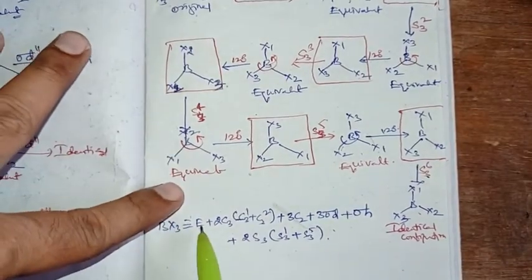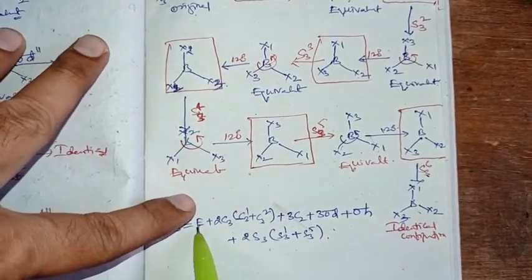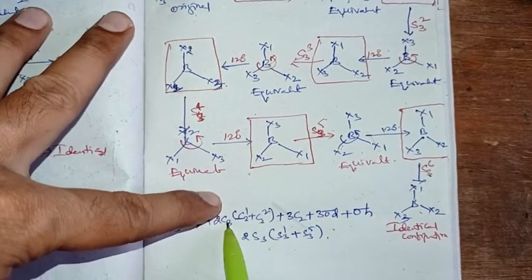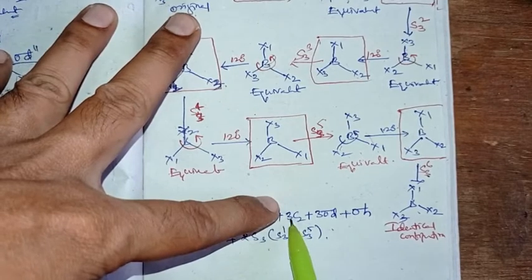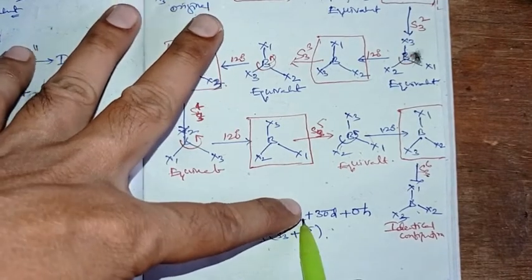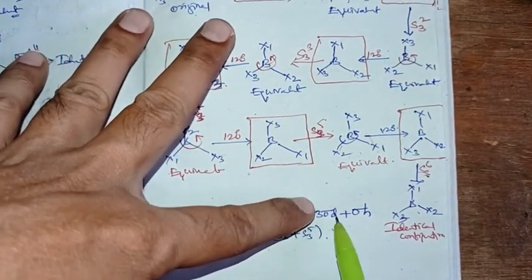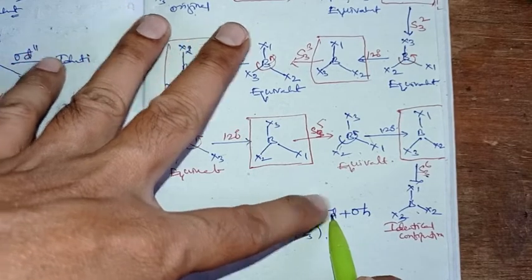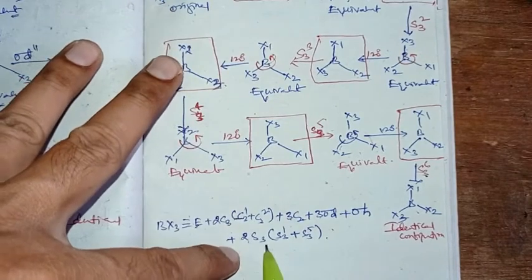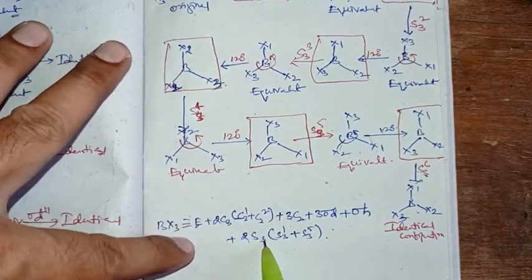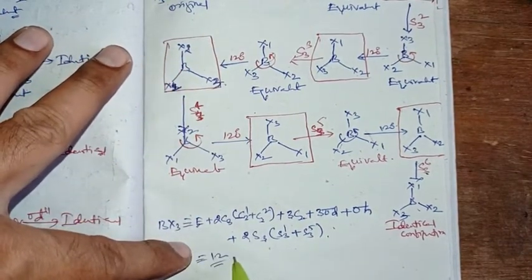Altogether how many elements are there? 1 identity plus 2 C3 rotational axes, together 3, and 3 twofold rotational axes, 6. Then 3 diagonal planes, 9. 1 horizontal plane, 10. 2 threefold improper axes. Altogether it will be 12.